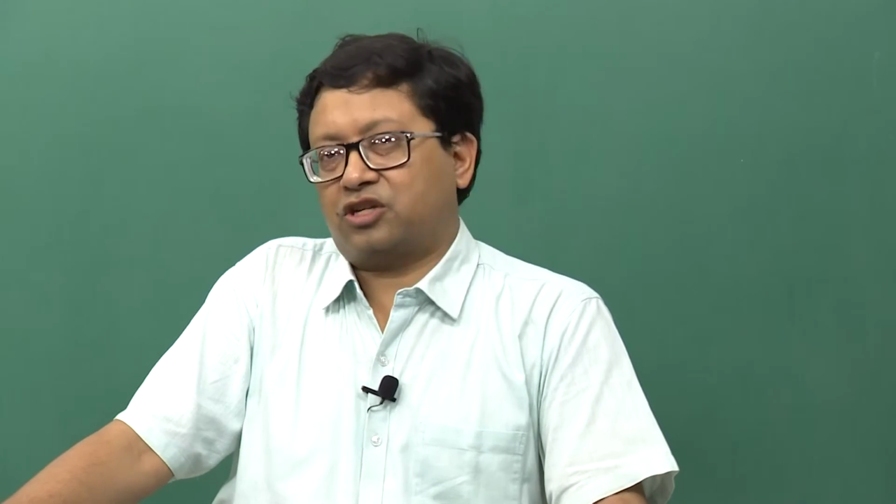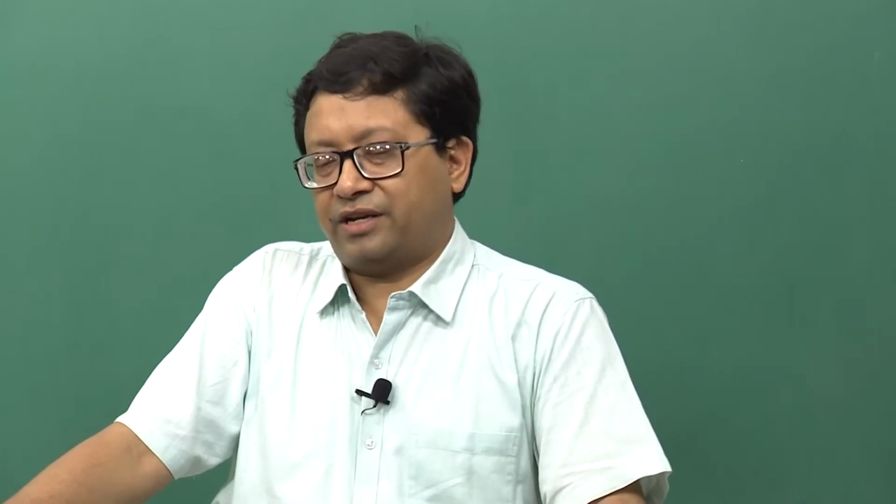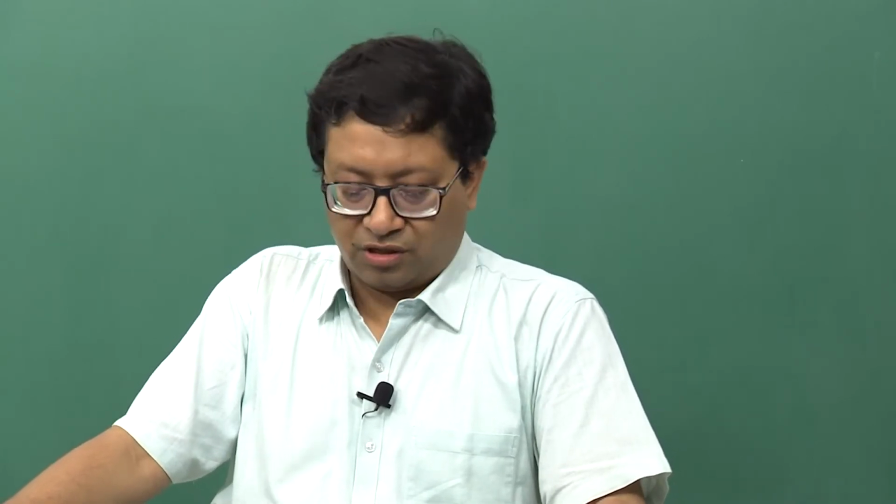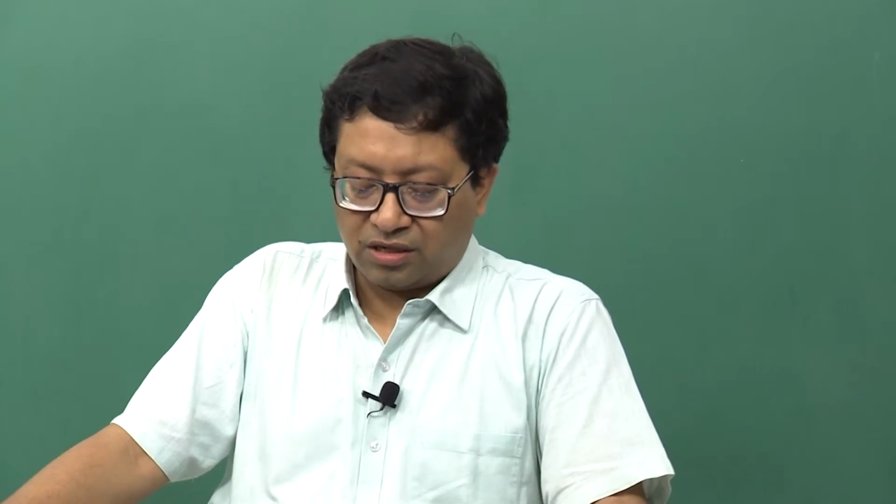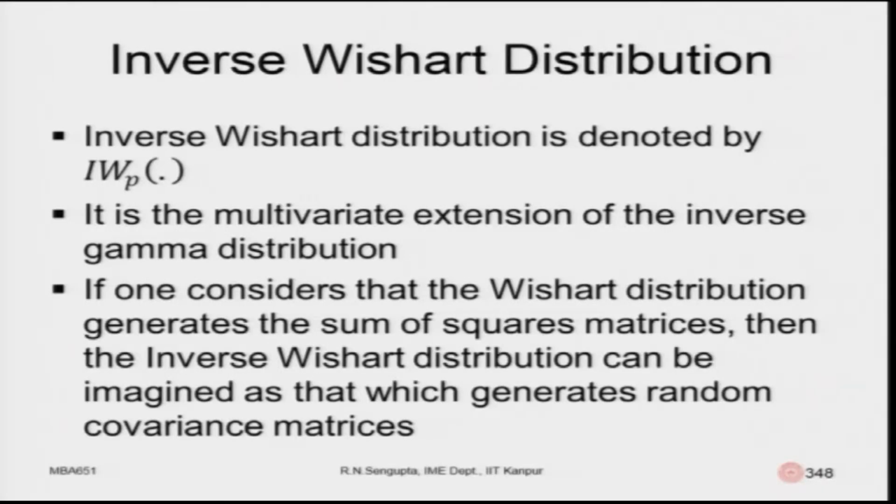So, the extension of the inverse gamma function in the multivariate case would basically be the inverse Wishart distribution. If one considers that the Wishart distribution generates the sum of the squares matrices, then the inverse Wishart distribution can be imagined as that which generates random covariance matrices based on which we do our studies. So, inverse gamma distribution and inverse Wishart distribution have again similarity in the univariate and the multivariate case.